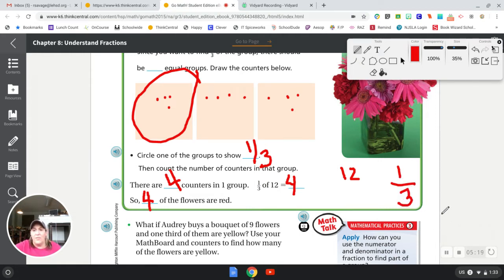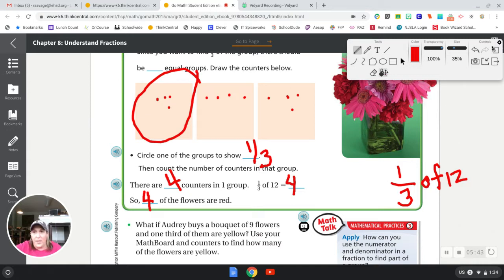We were trying to find 1/3 of 12. What we did was we used the denominator. We made 3 groups, and then we dealt out 12 flowers into 3 groups. Then we figured out how many flowers were in each group.